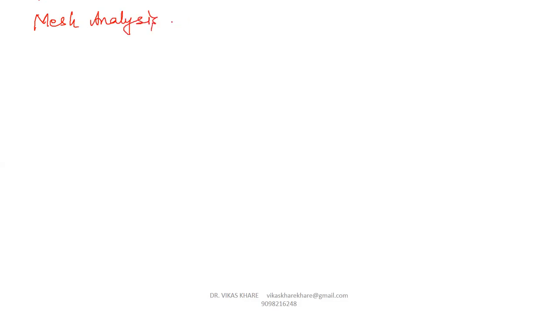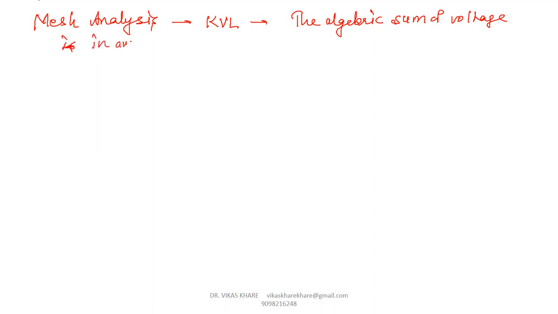Mesh analysis depends on the concept of KVL, and according to KVL, the algebraic sum of voltage in any closed path is 0.